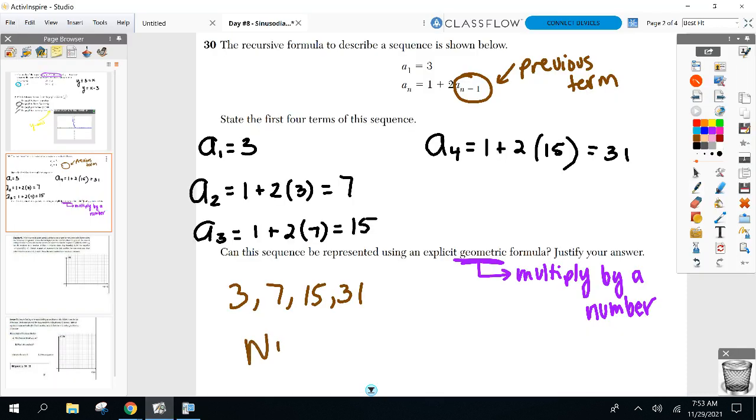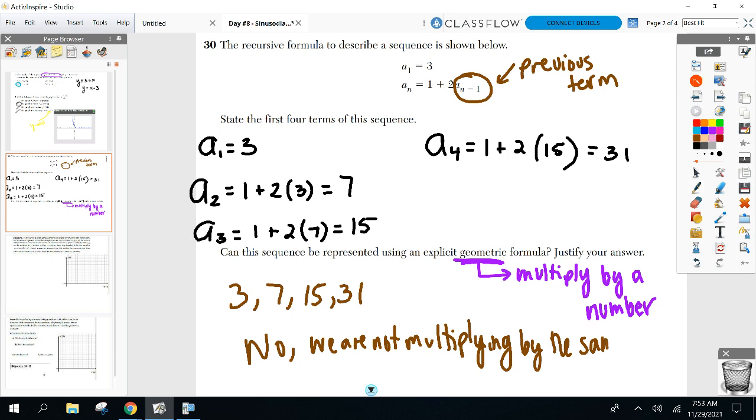No, not multiplying by the same number. Okay, that's not a geometric sequence because I'm not multiplying by the same number every time.